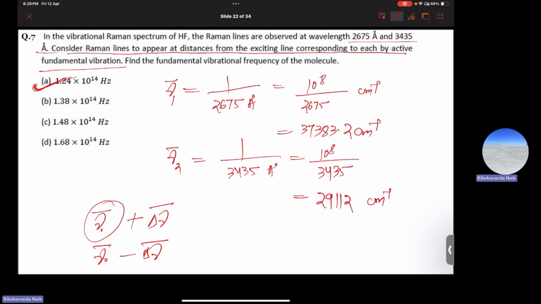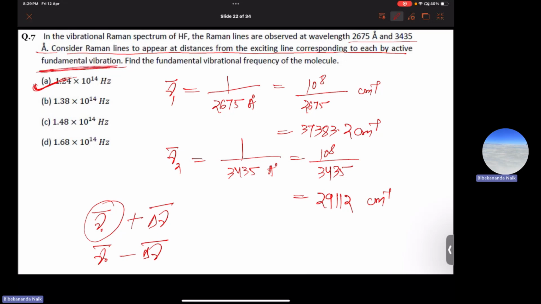So this question was about finding the fundamental vibrational frequency. The question says there are two Raman lines observed at different wavelengths, and that the Raman lines appear at distances from the exciting line corresponding to the active fundamental vibration.